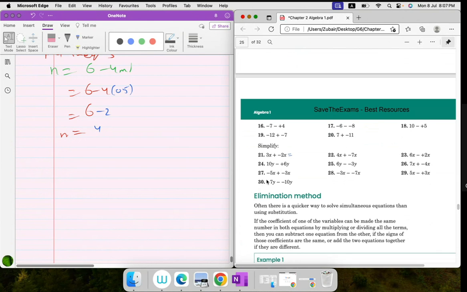21, 3x plus, it will be 1x. Correct. Number 28, minus 3x plus 7, 5x.